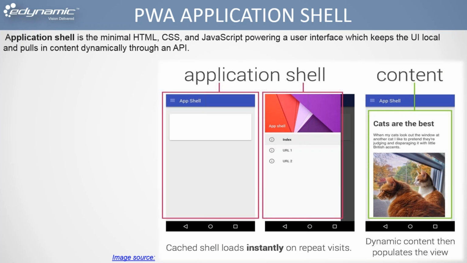That would be displayed from the cache, and once the web is available, an API hit would be made, and the content, if it is available, would come again to the application shell, and the static content that we are looking at in screen 2 would be replaced with the dynamic content that we have got from the web that you are seeing on screen 3. So this is what the application shell is in PWAs.